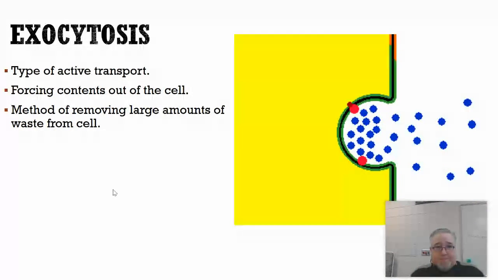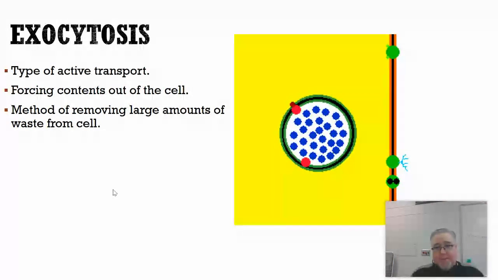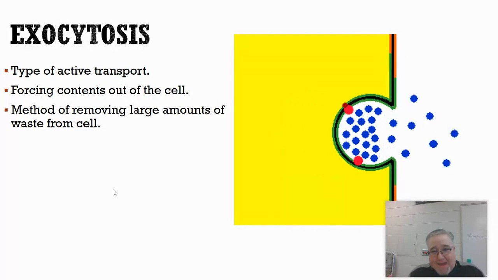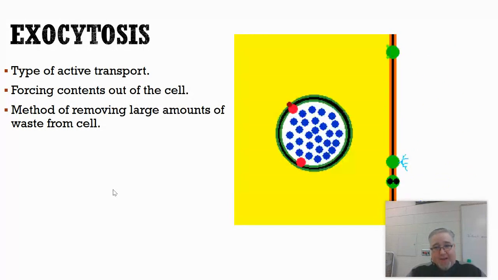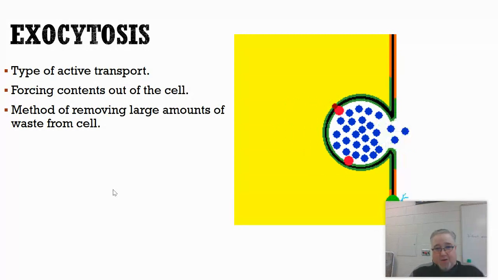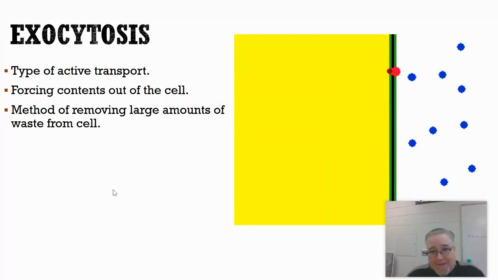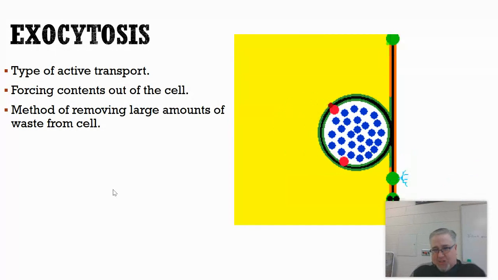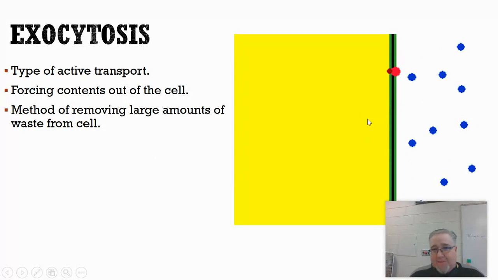Think about, and this is kind of a gross analogy, but when you go pee or when you go poop, right? You're forcing things out of your body. You're either forcing urine out or you're forcing feces out. But your body is exerting energy to do that, right? Well, your cells are the same thing.